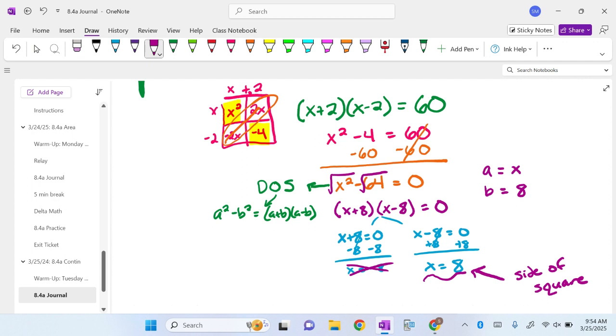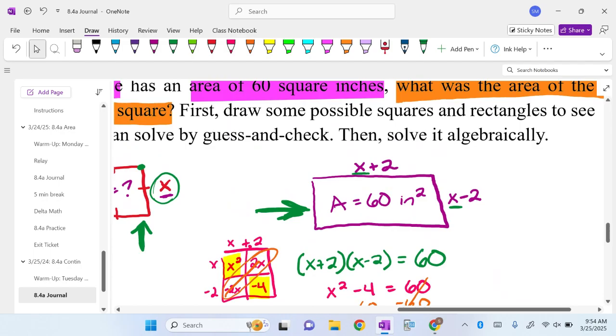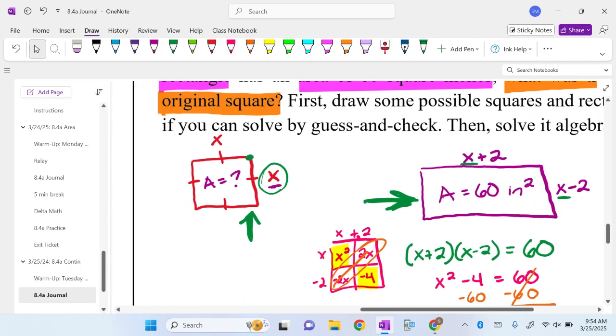Now, that is not our answer. Why is that not our answer? What does the question ask us to do? Find the area of the original square. Good. So we're not done with the problem. So I'm going to come back up here to my square.